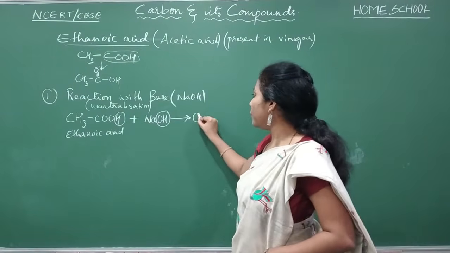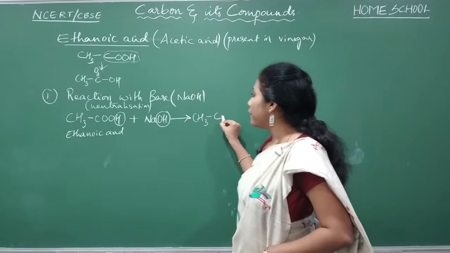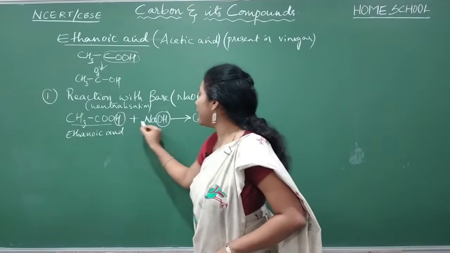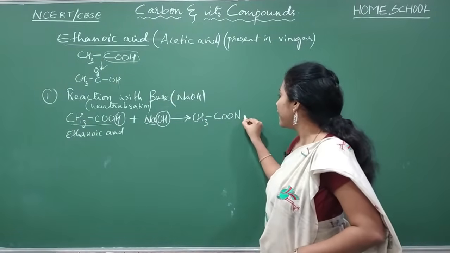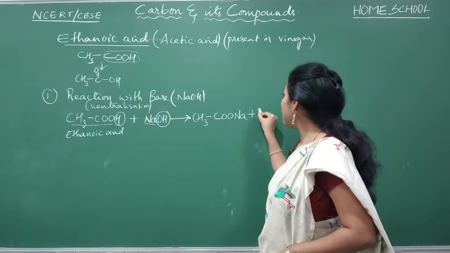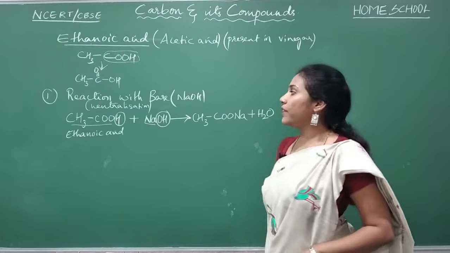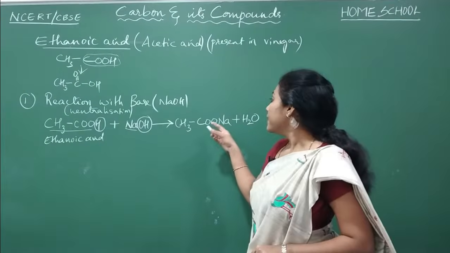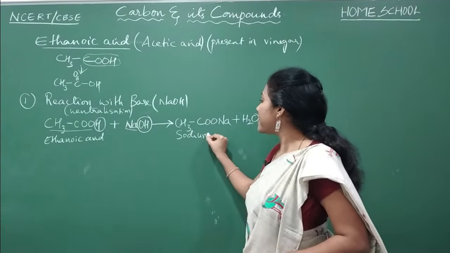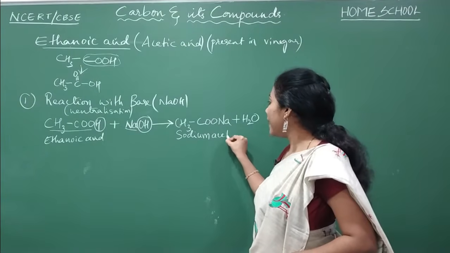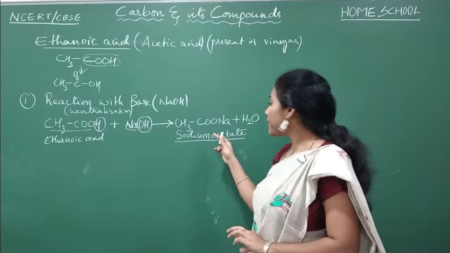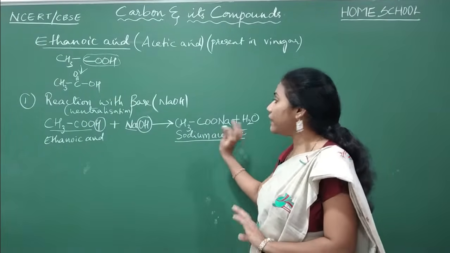What do you get? CH3CO in the place of H. You are joining this part and this part. If you join, what do you get? CH3COONa. Plus what do you get, guys? H2O, you will get it as a byproduct. The name of this salt is sodium acetate. Okay, so this is an organic salt you will get here.